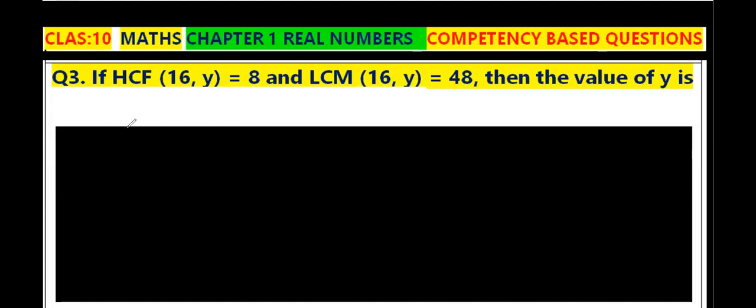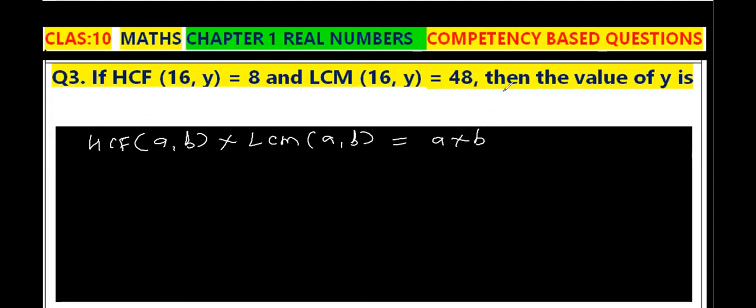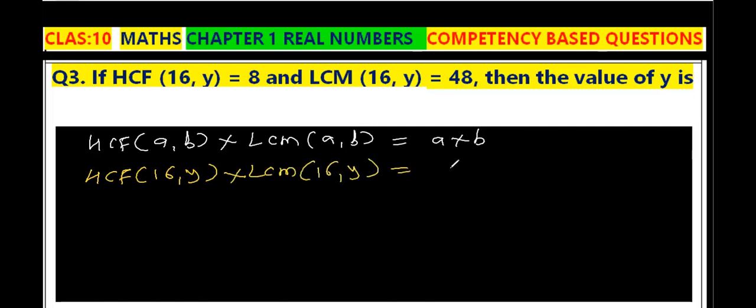We know that the product of HCF of A and B into LCM of the two numbers A and B is equal to the product of the two numbers, that is A and B. Using the same formula here, we can say that HCF of 16 and y into LCM of 16 and y will be equal to 16 into y.